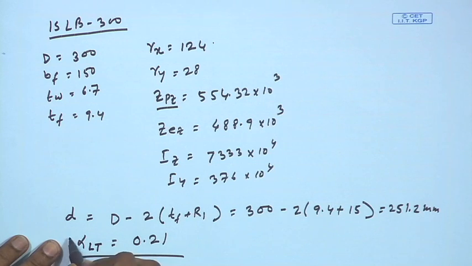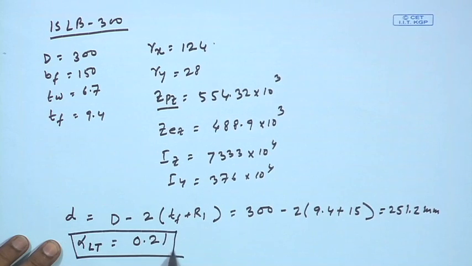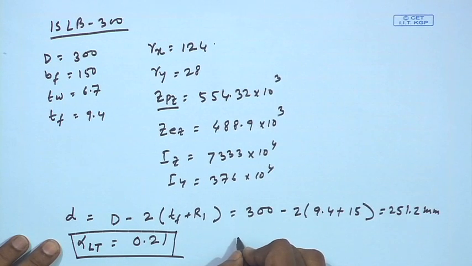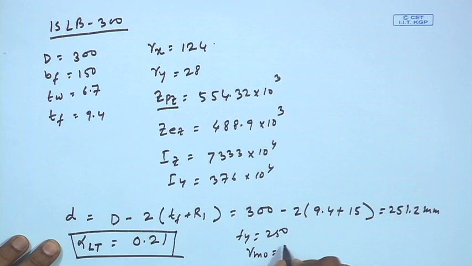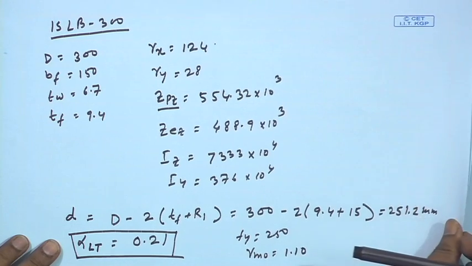As we are using Fe41 grade steel, we can use Fy as 250 MPa, and gamma m0 from Table 5 is 1.10. So, the relevant properties of the ISLB 300 are found.